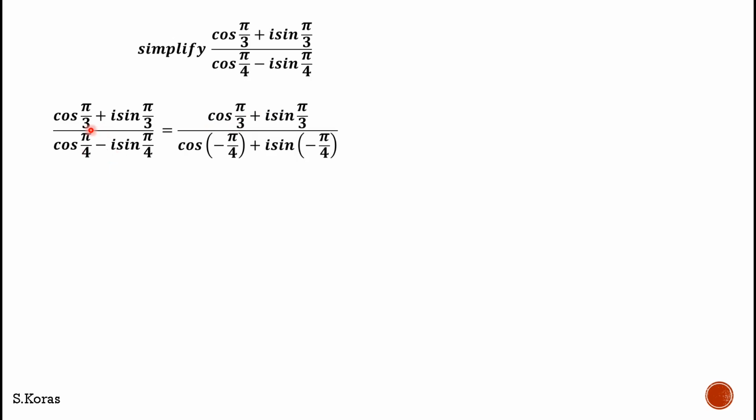We can write cos of pi by 4 as cos of minus pi by 4, because you know cos of minus theta is cos theta. Then for sin of minus theta, the formula is different. Sin of minus theta is nothing but minus sin theta.